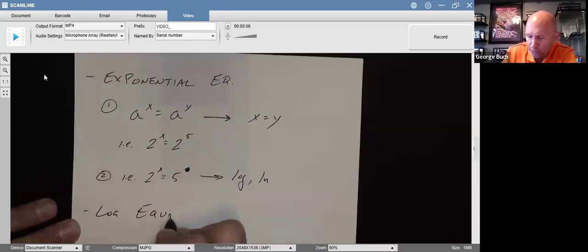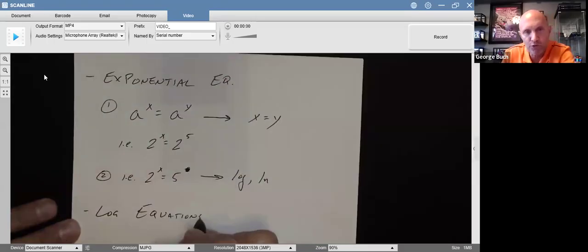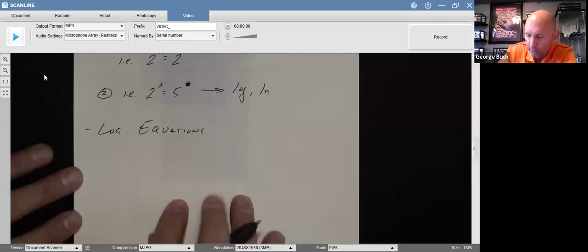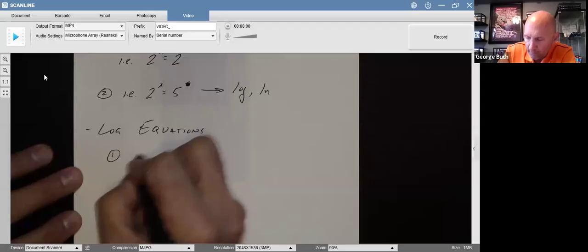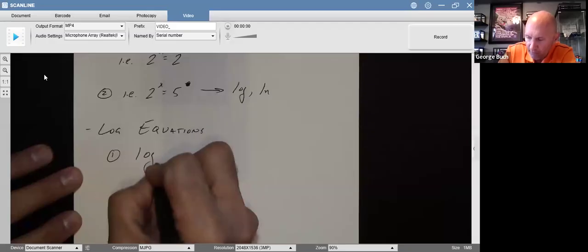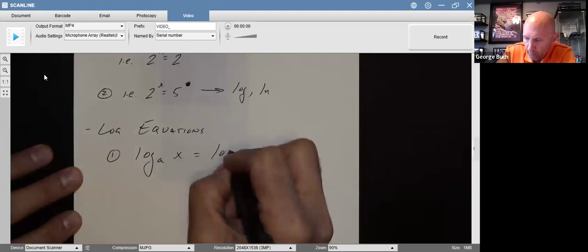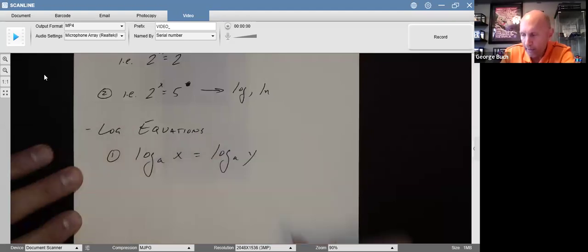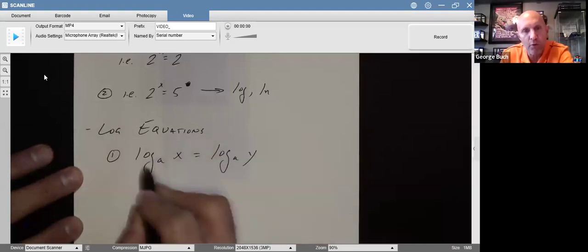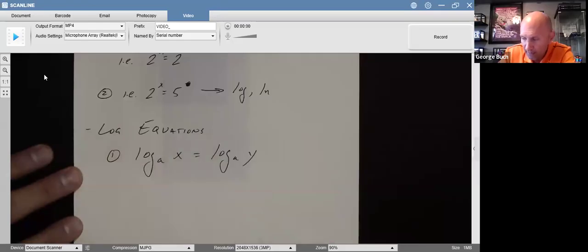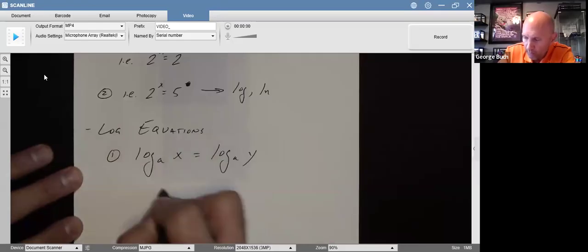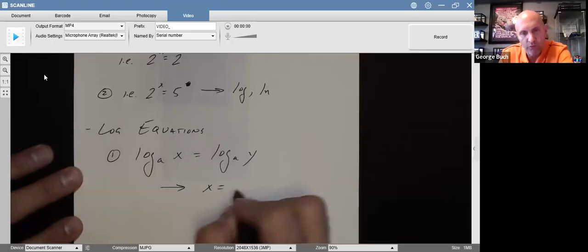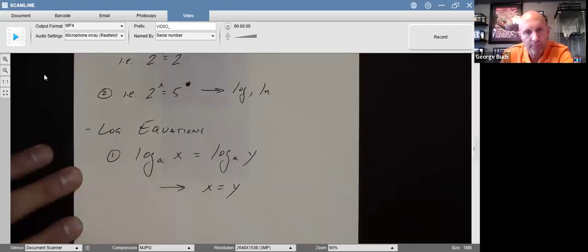For log equations, you're going to have essentially two possibilities as well. The first is I'm going to have log base a of x is equal to log base a of y. So if I have logs on both sides, then again, the only way this is equal is if the x piece equals the y piece.